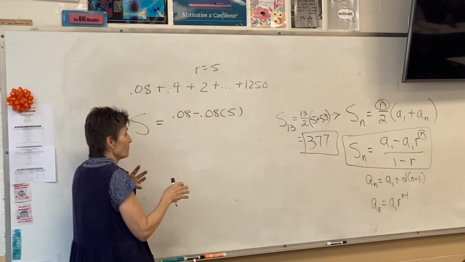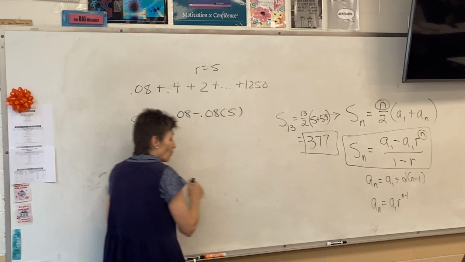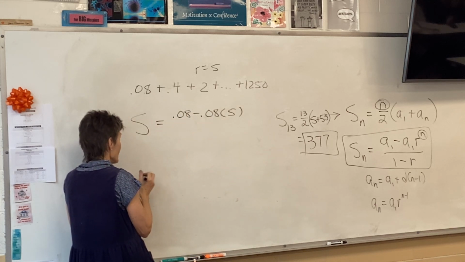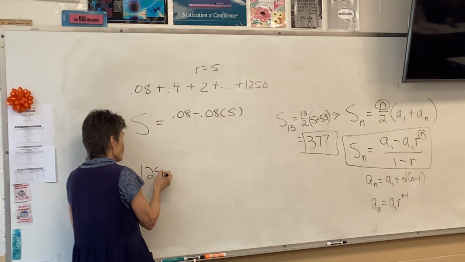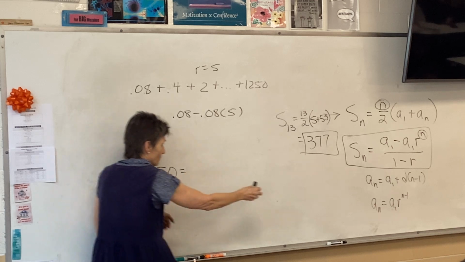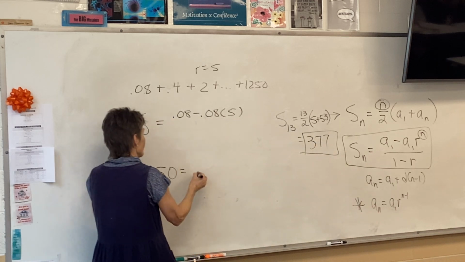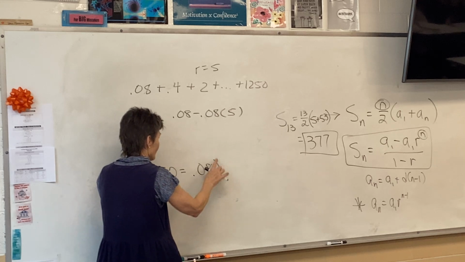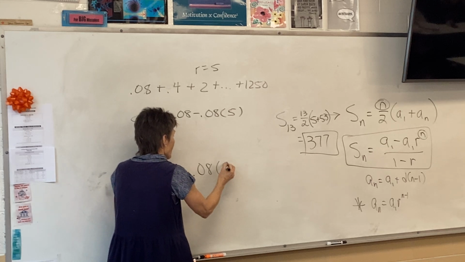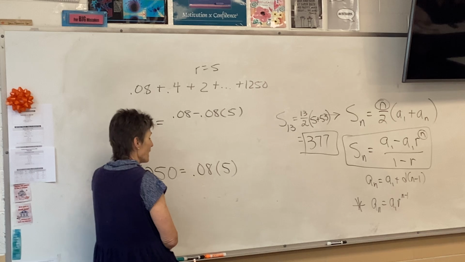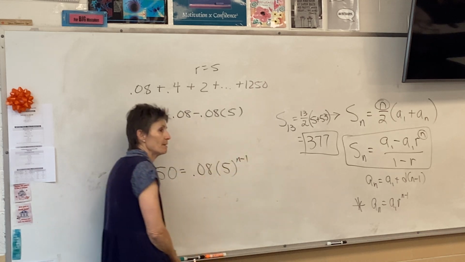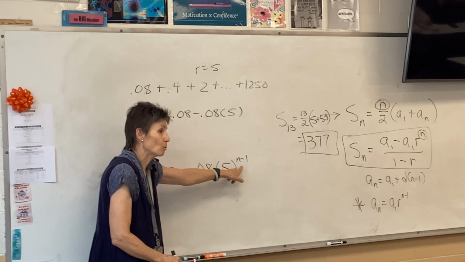So how would the formula work? Well, I go back to my other formula. My last term is 1250. My first term is 0.08. My ratio is 5, and I'm raising it to the n minus 1 power. That is what I don't know.